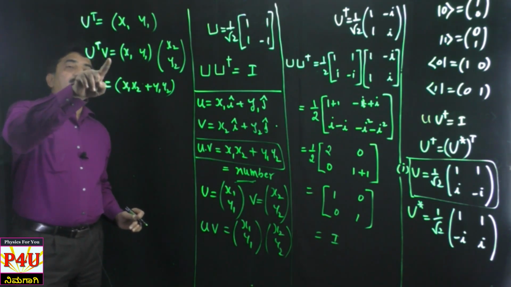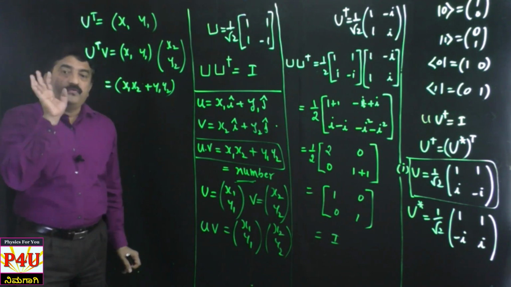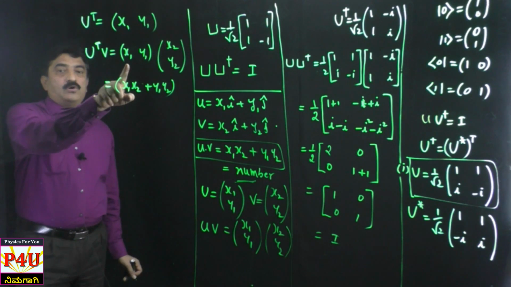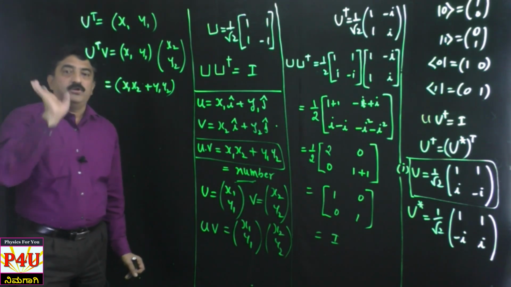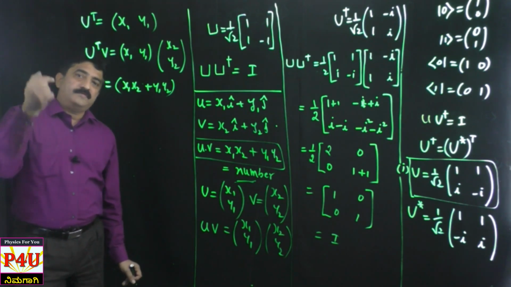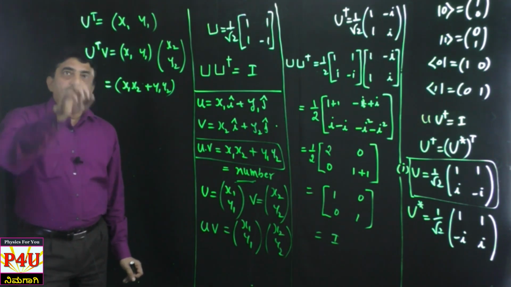Well, you have the inner product of two vectors. To find the inner product, we write the transpose of one of the vectors and then multiply, and you get the inner product. Suppose I take the inner product of the same vector, u and u.